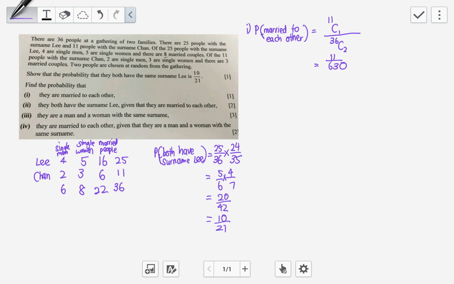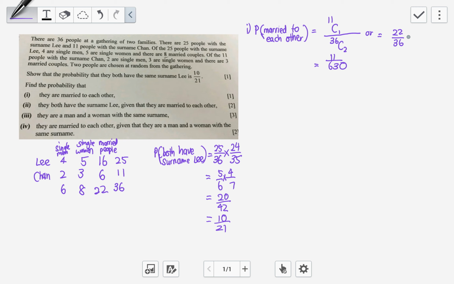Alright, another way of doing it is, you could do it this way: let's say the first person, you have to choose among the married people, which is 22 over 36, and the second person, you have no choice.